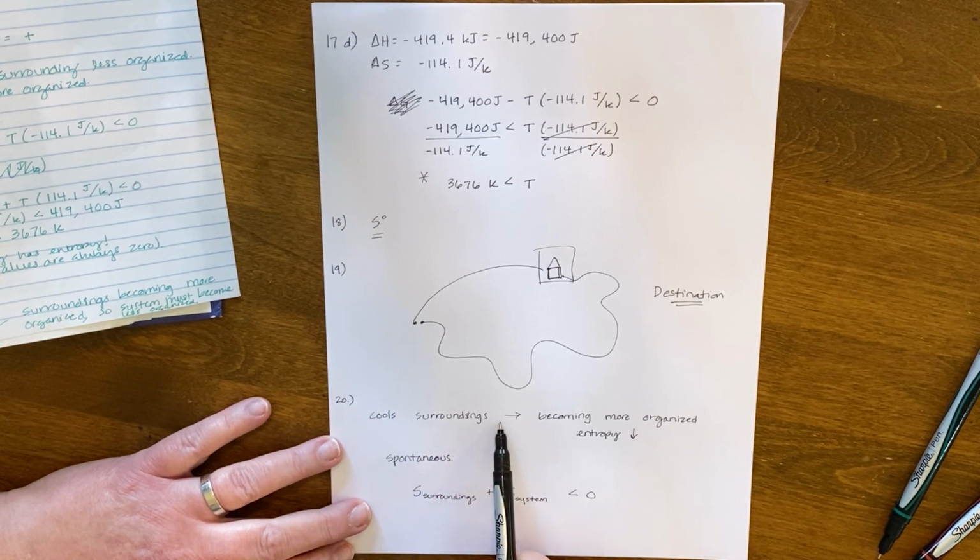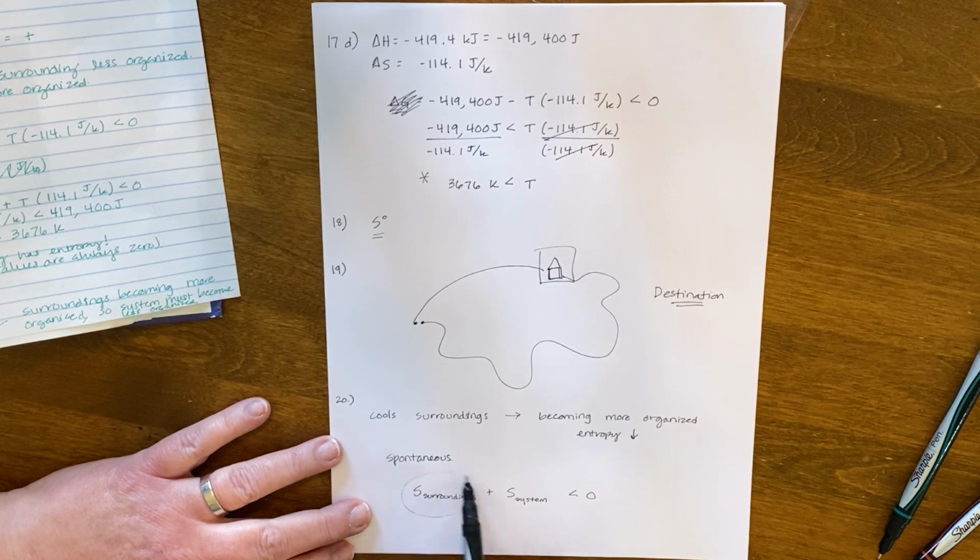Well, we know our surroundings are becoming more organized. So that means our system has to become much less organized, which means that it's an increase in entropy.